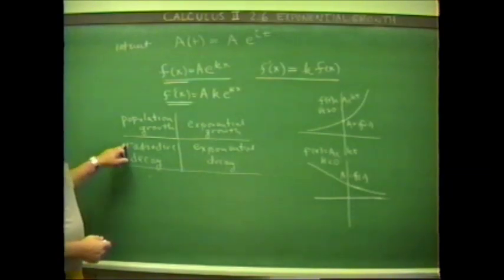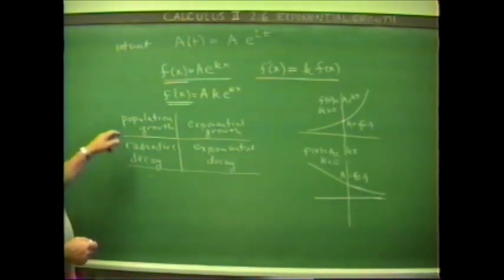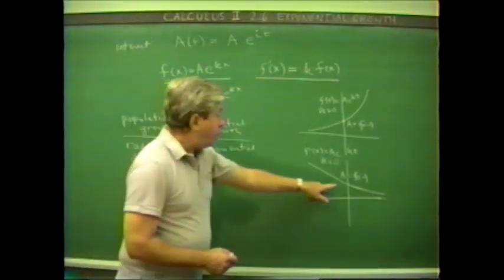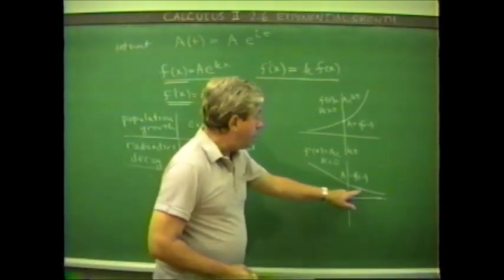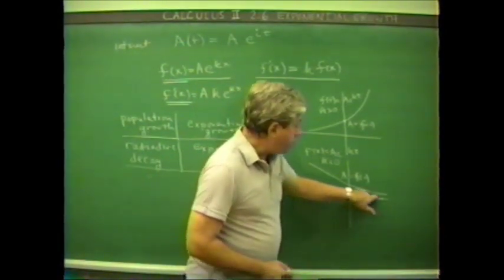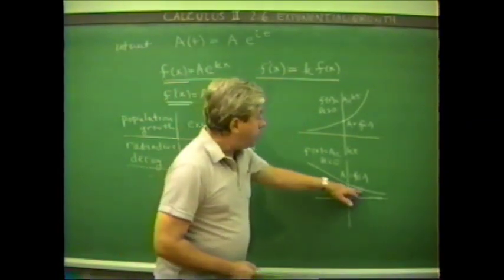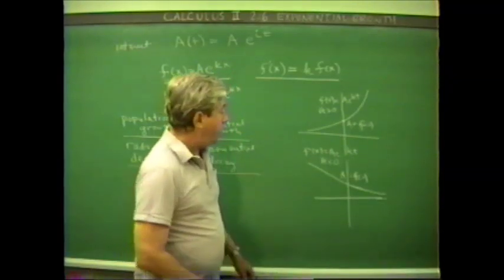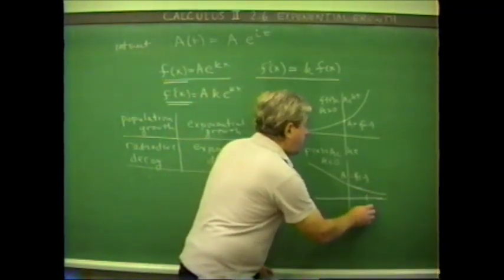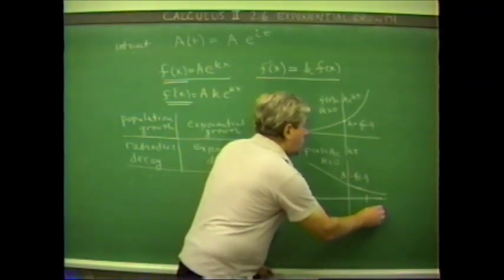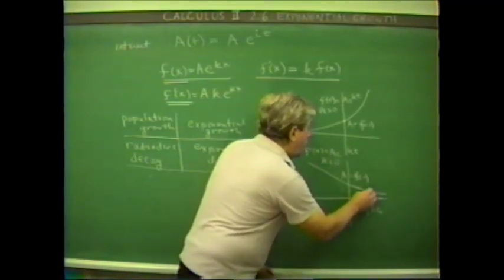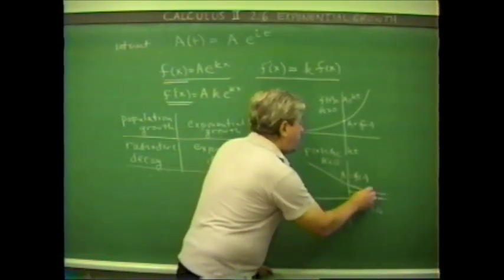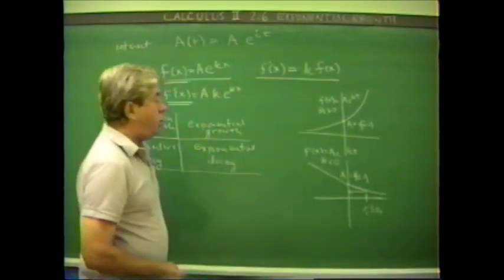That's to say, you've got a radioactive substance. Whatever amount there is at time 0, it decreases exponentially, so that as t approaches infinity, the amount decreases to 0. And there's also a quantity here which is called the half-life. That's the time when there is half as much as there was at time 0.